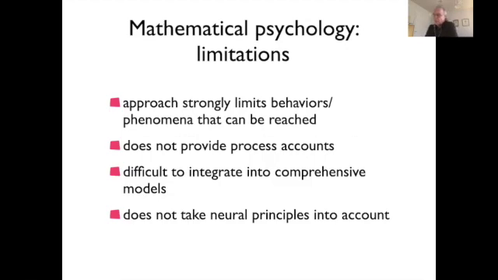So for instance, you couldn't build a technical system that achieves the performance of a human by taking this model. It just describes how it's done, but it doesn't really capture how it's done, the processes. It's also difficult to integrate these into more comprehensive models, to link different subfunctions like that. And of course, it's not necessarily based on neural principles.